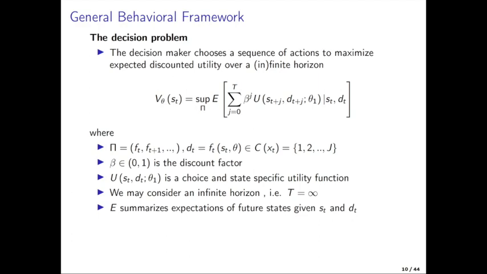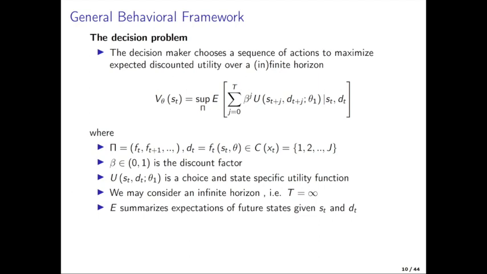Beta is the discount factor, U is the utility function, and we may consider infinite horizon, which is actually what we're going to do in the case of Harold Zurcher. And then the expectation here summarizes the expectation of the future states, conditional on the current states S and the decisions, which is why the whole thing is dynamic.